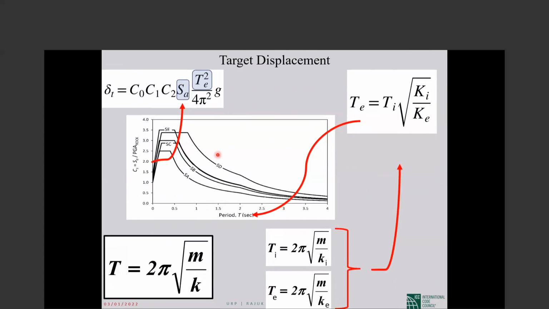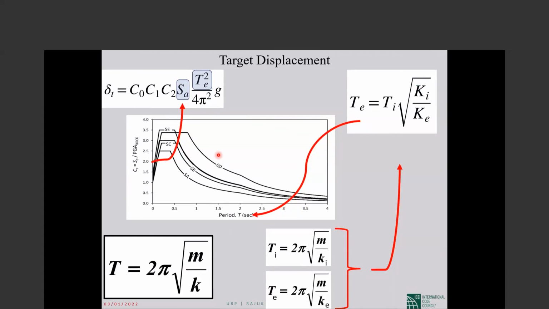Therefore, we need T of the building, period of the building, at two locations, as shown in the footnote.